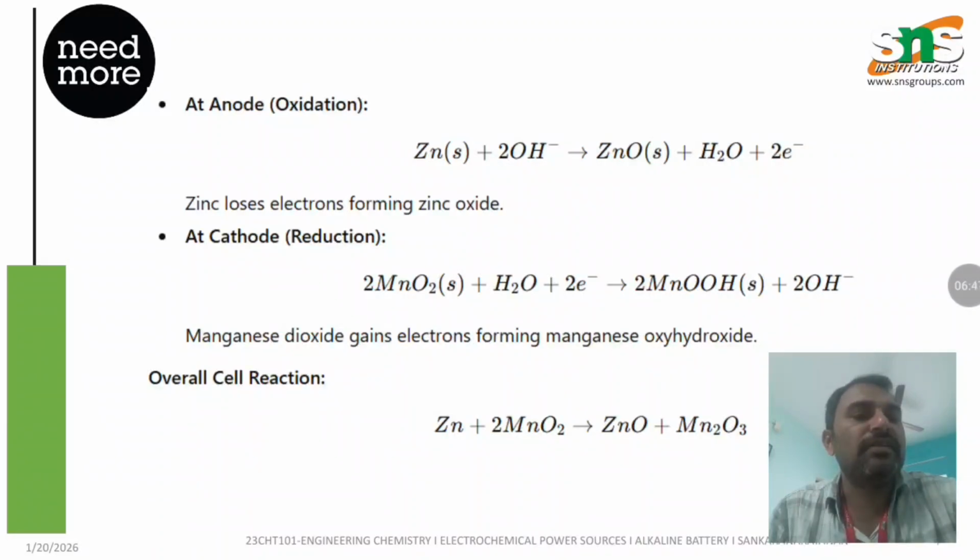Manganese oxide forms hydroxide, and this form of material is oxyhydroxide. The overall cell reaction is zinc plus 2MnO2 giving zinc oxide and manganese trioxide. So this is the reaction.